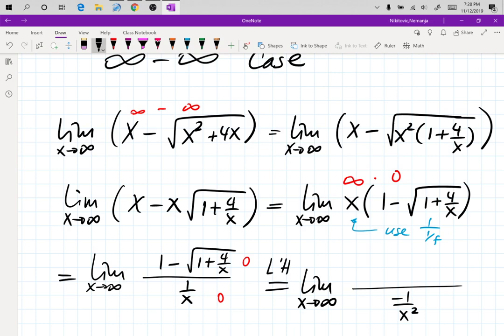And derivative of the square root is 1 over, and it's going to be negative 1 because of the negative in front of the square root. Negative 1 over 2 times the same square root times the derivative of what's under the square root, which is going to be negative 4 over x squared, because derivative of 1 is 0, and derivative of 4 over x is going to be negative 4 over x squared.